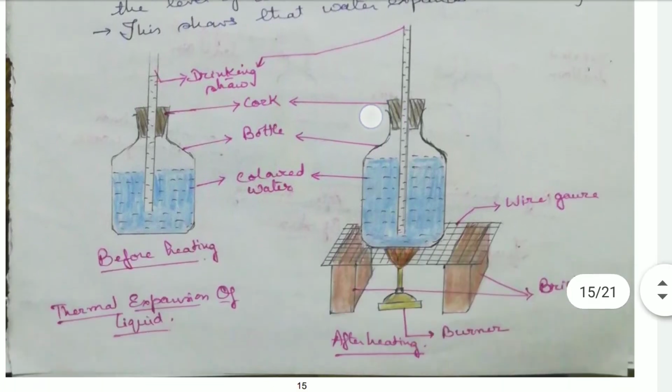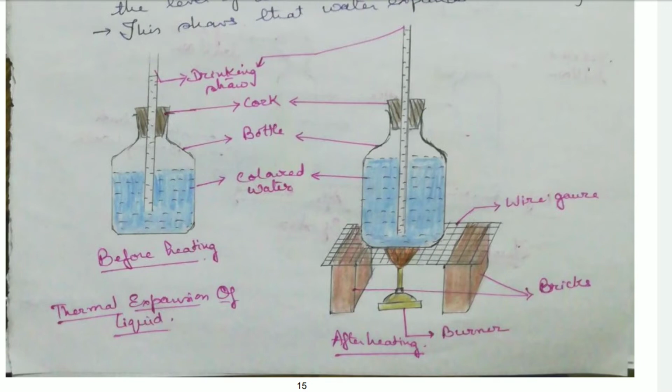From the figure you can understand that this is the bottle which is taken, filled with water, and then ink is poured, so it's blue in color. A straw is passed through the cork, and in this straw some more water is poured so that we can see the water level inside the straw.